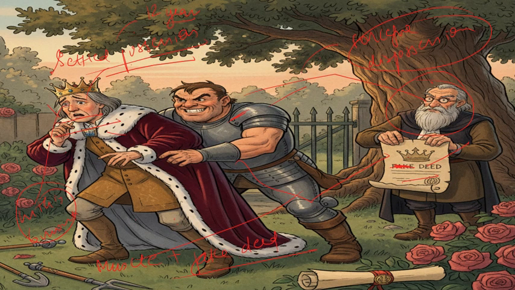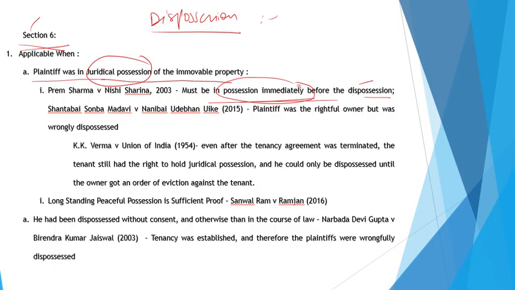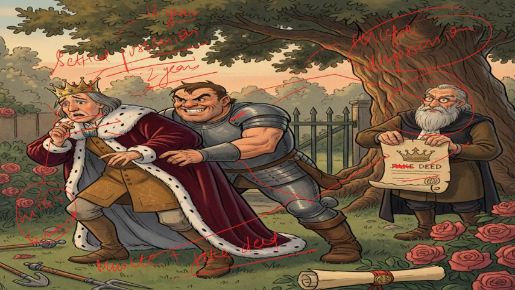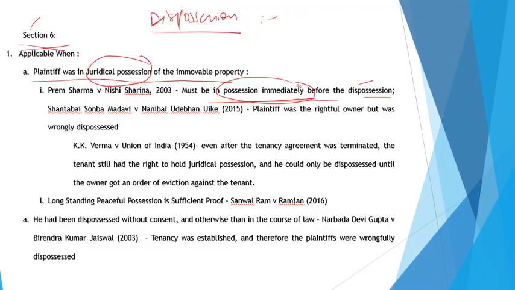Just imagine if King had stopped staying here for like 2 years, and after these 2 years King came to this palace, and now these two people are challenging it, then you cannot file the suit under Section 6. The major purpose of Section 6 is to protect the immediate possession. In that kind of case, you follow your procedure under civil procedure. But here the law's purpose है कि specific remedy person को provide करना. That is the main purpose.